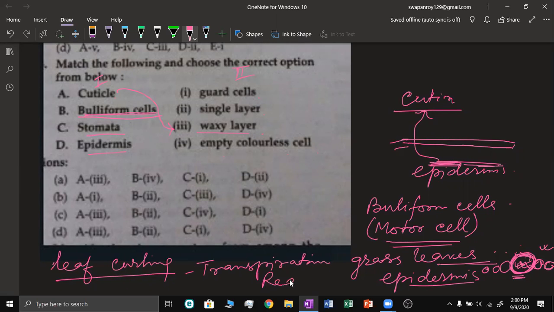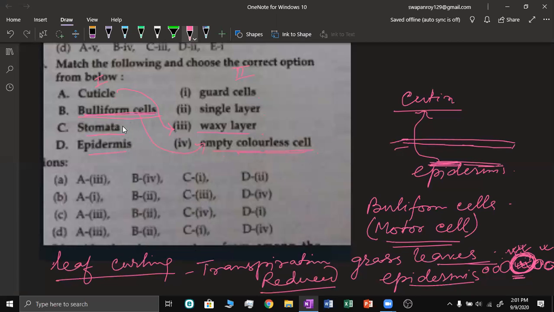So this is one of the adaptations for dry conditions. Sometimes in the dry season you can see in some plants, in grasses, that the leaves have been curled. Okay, it has become narrow. So bulliform cells are the large empty colorless cells.